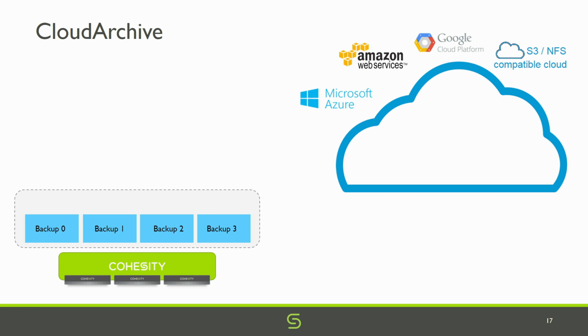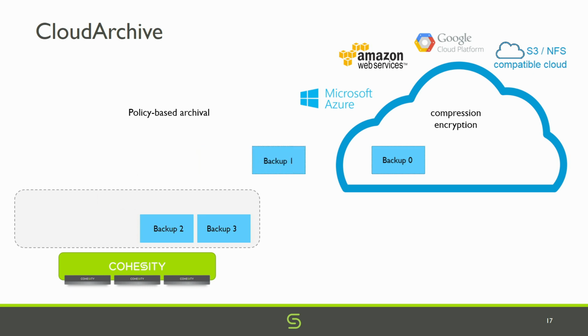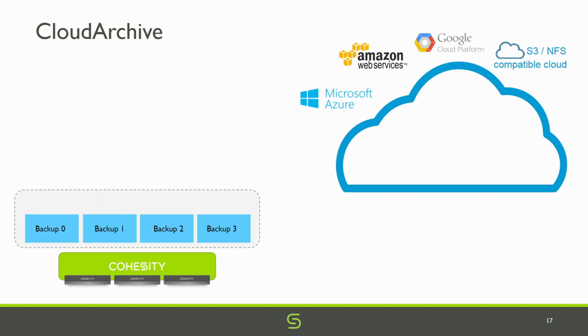The first one is what we call Cloud Archive. Think about this as replacing tape with cloud. Based on policies, you can define policies for your backups, and you can say anything that's older than 30 days, for example, send that to the public cloud. So in this case, backup 0, we're sending it to the public cloud based on the policy.